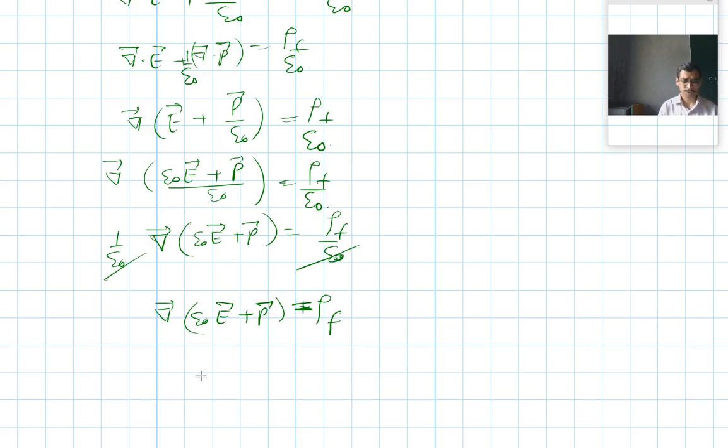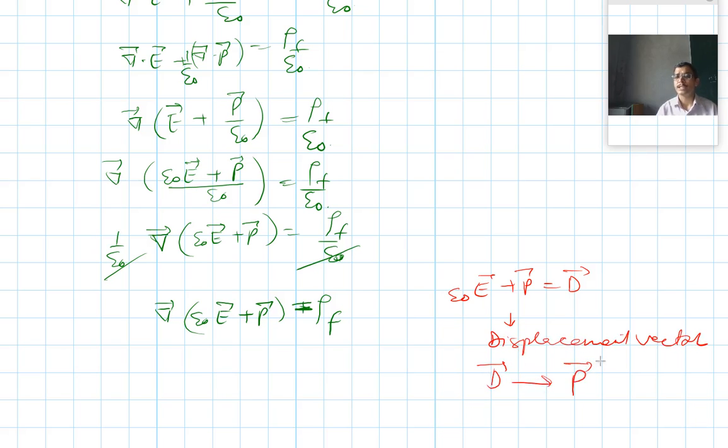Therefore, let us define this new quantity, epsilon naught E plus P, as D, and this we call the displacement vector. The unit of D is the same as that of P. You have to keep this in mind.